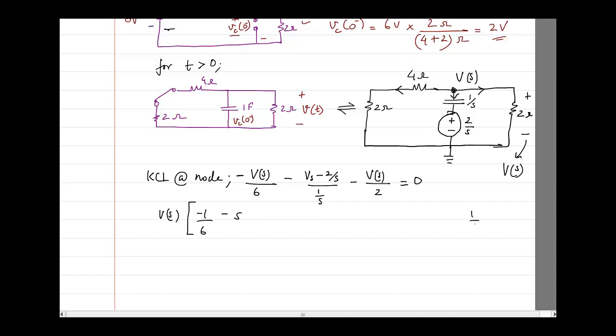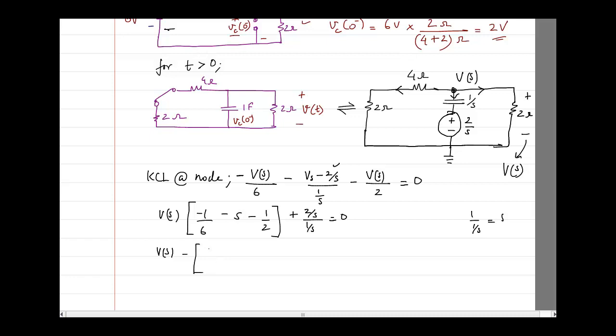Because 1 by S is equal to S. So going by that, I will get S, this one that I will do later, because that is not having V of S, minus 1 by 2 V of S. What is remaining is this plus 2 by S divided by 1 by S is equal to 0. If I take this minus commonly, I will get V of S minus, as I have taken out commonly.